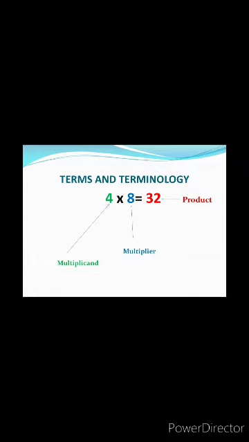If you are multiplying something, the first number will be called multiplicand. The second number will be called multiplier, the number by which you multiply. And the answer which we get will be called product. Basically, we say this is the answer, but the particular term we use for that answer is product.